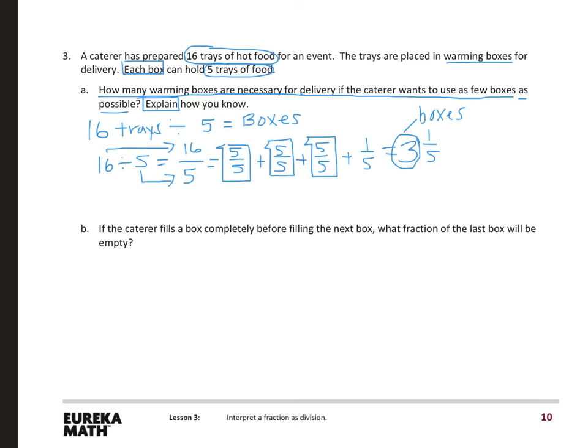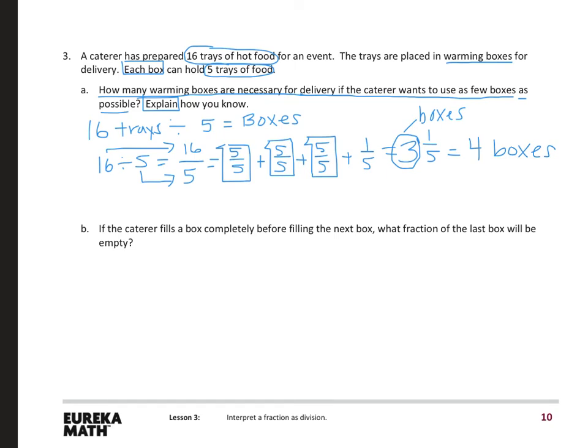We have one more tray that needs to be put into a box. So if we need to use all 16 trays for delivery and use a few number of boxes, we can't use 3 boxes because there would be 1 left over. We're going to need to have 4 boxes to be able to deliver all 16 food trays.